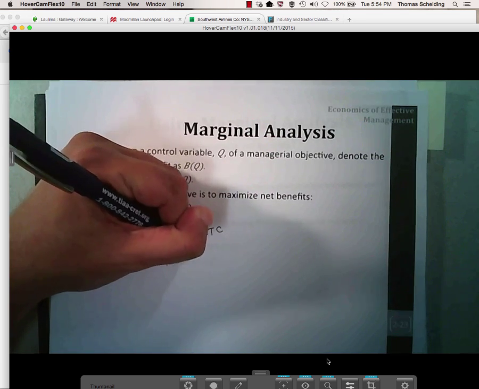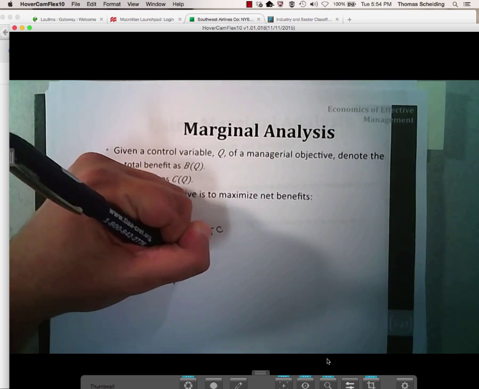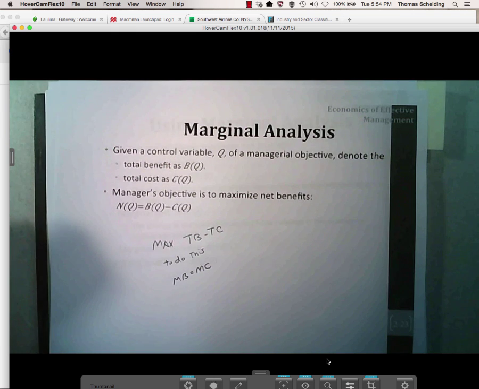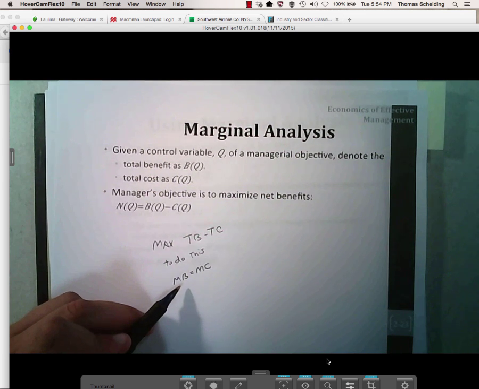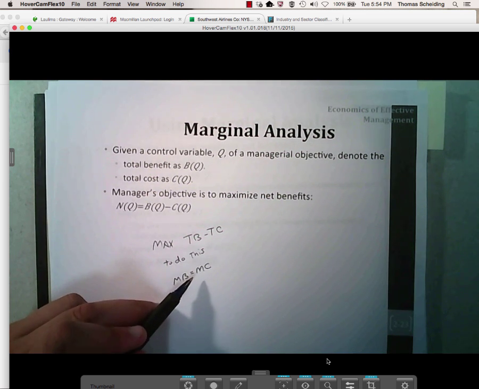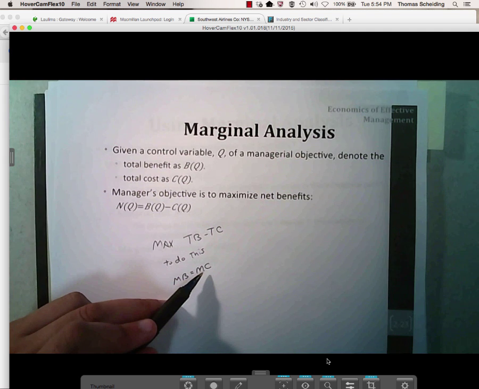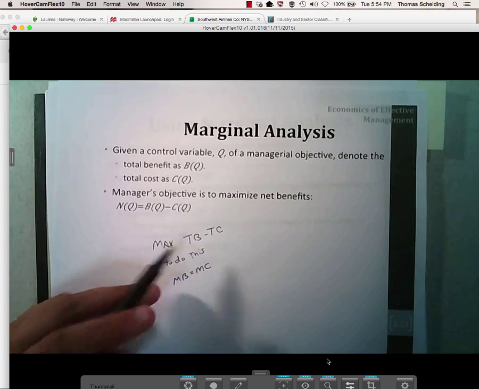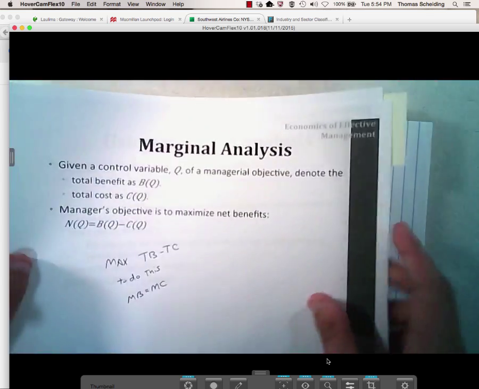To do this, they're going to set their marginal benefit equal to their marginal cost, or the change in their benefits from doing something one more time equal to the change in the cost of doing something one more time. If they can do that on the margin, that ends up maximizing the total difference.